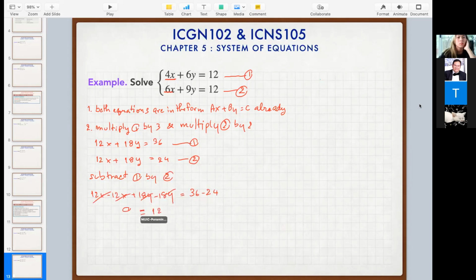That is impossible. So this system of equations does not have a solution.